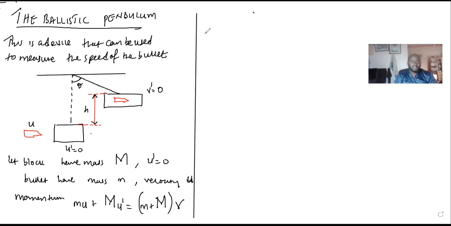Small m u plus 0 is equal to capital M plus small m times v. So the velocity with which they move after collision is mu out of capital M plus small m.